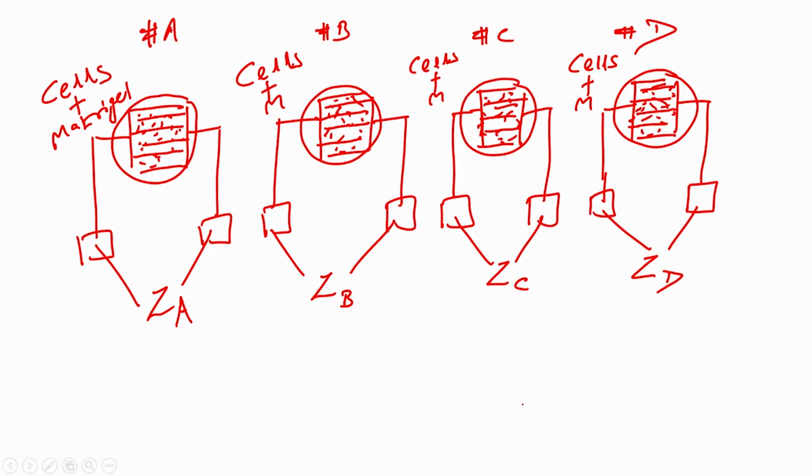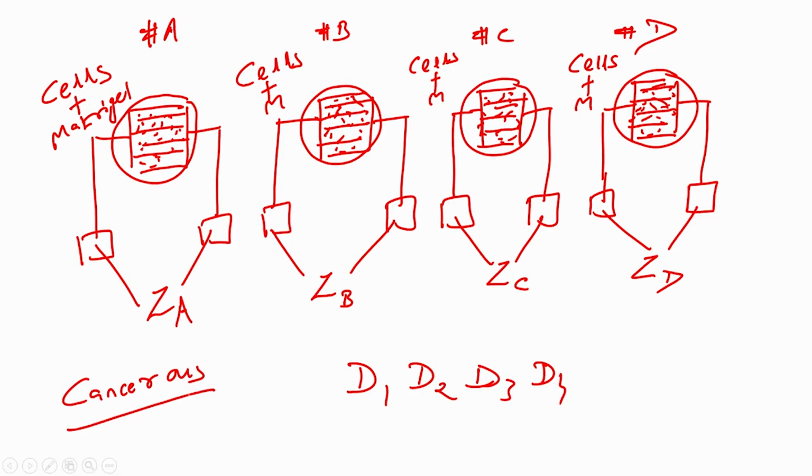Now, what did I say? Add different drugs. So, there are 4 drugs D1, D2, D3 and D4. These cells are from the same patient, and assuming that these are all cancerous cells.